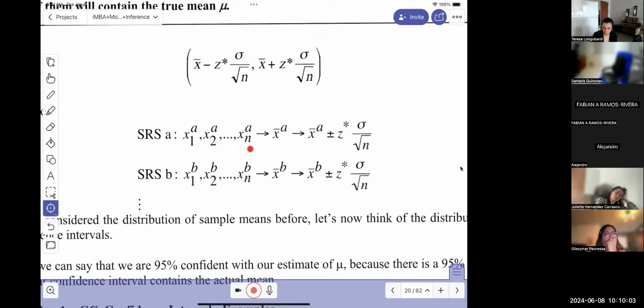So if I have one sample, this is like simple random sample A, I can calculate the sample mean of A, and I could also calculate the confidence interval for that sample. I could get another sample, sample B, and take all the values and calculate its sample mean.